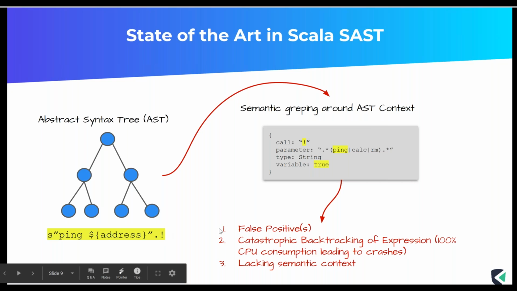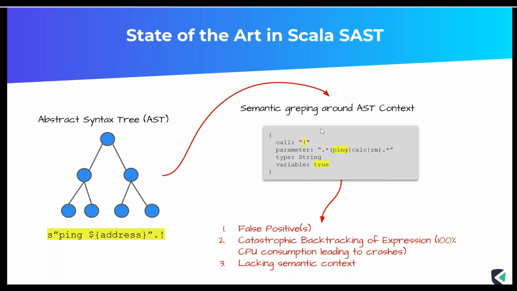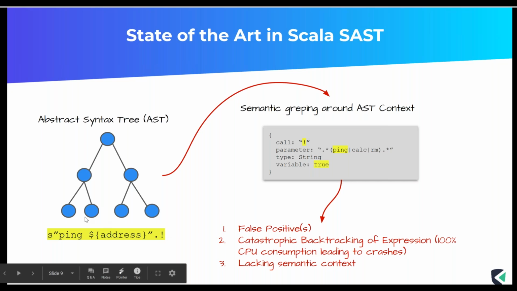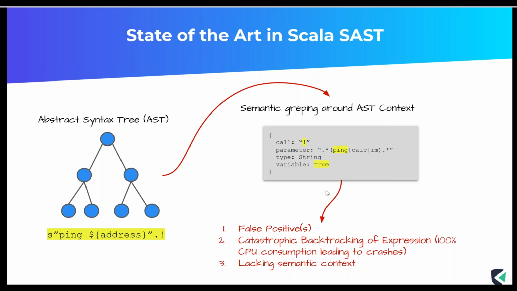So do you have a string which is being executed? Is there a variable inside that string? And the state-of-the-art tools used in Scala would go through these rules, go through the tree generated from the expression, and if the checks match, they would say, okay, yeah, this looks like a vulnerability. That's pretty straightforward, isn't it?